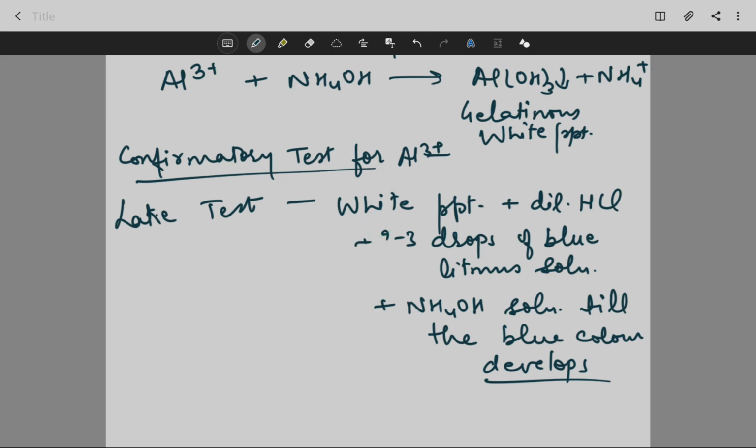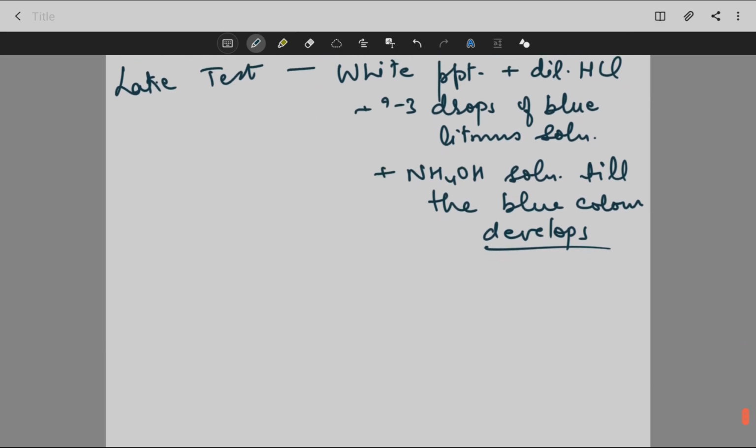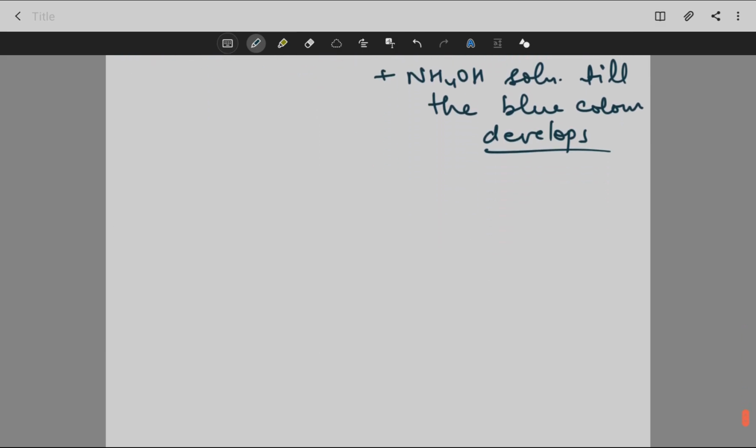So what is the chemistry behind it? The chemistry behind this test is, we have aluminium hydroxide, Al(OH)3, that is gelatinous white precipitate.